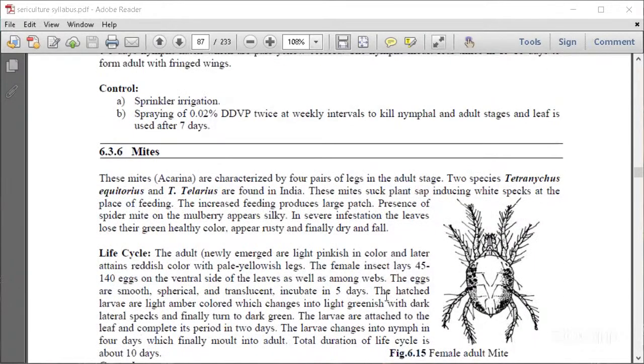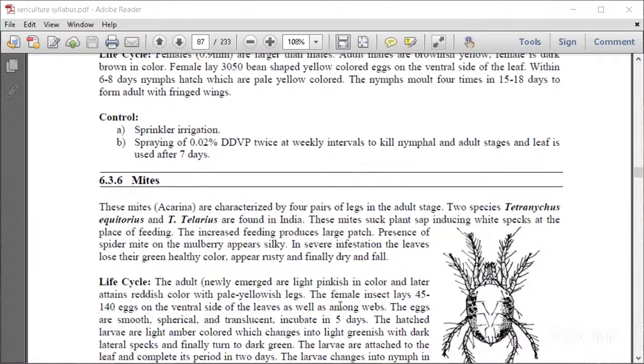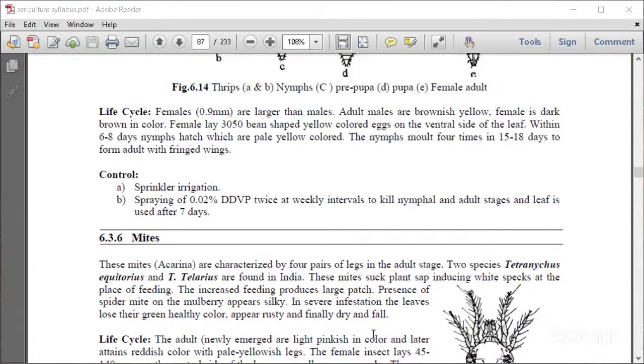And the other one is mites. Here the mites are like Tetranychus equatorius and Tetranychus telarius. These have four pairs of legs in the adult stage and feed on the plant, and the presence of spider mite on the mulberry appears silky.